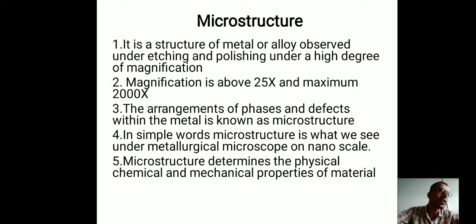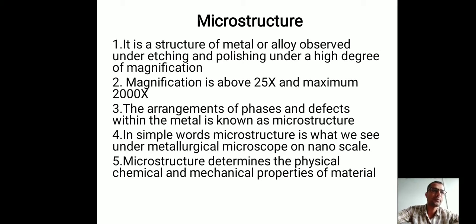We have to put it under the microscope, select the proper magnifying lens, then select the proper magnification, and then on the eyepiece we get the microstructure. At last, microstructure determines the physical, chemical and mechanical properties of the material.